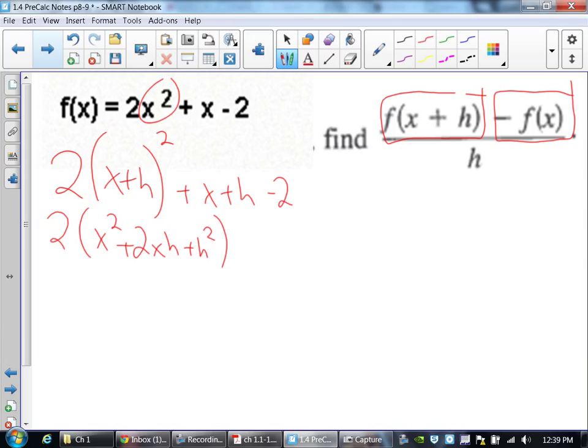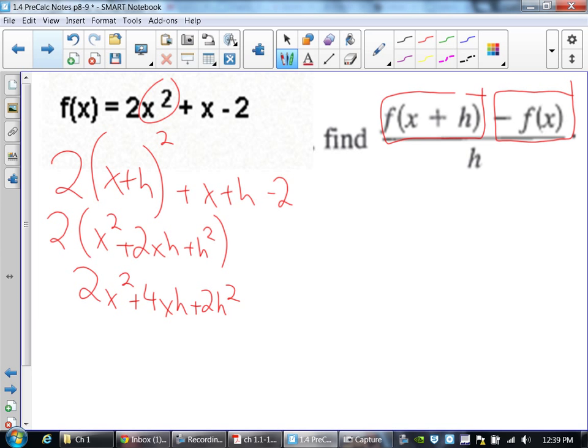Why did you... because it's 2 times x squared. If you want to go that route, then distribute through, it's fine. And now I've taken care of that x plus h portion. Now I can write in the difference part.